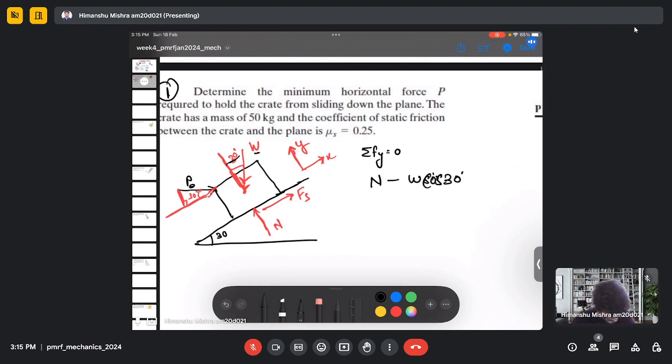And here we have minus P sin 30 equal to 0. So this is equation 1.